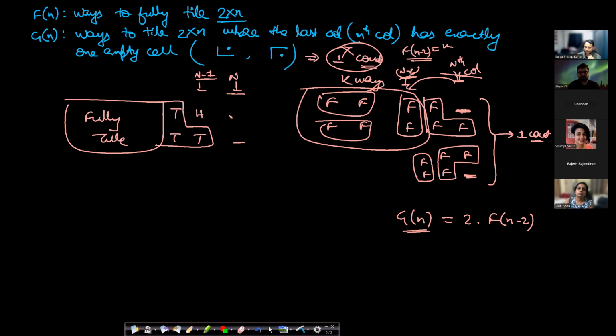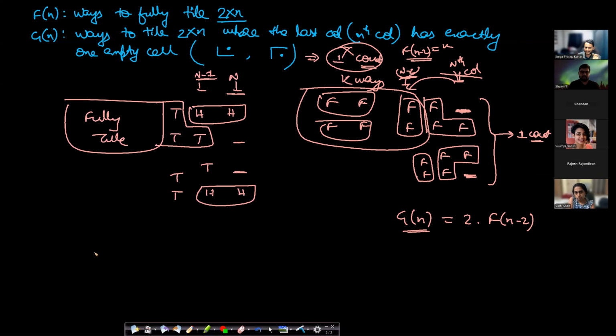I can put a horizontal domino and get one empty cell here. Or in the other way around, I could have taken a Tromino like this, and I could have placed a horizontal bar and could have got an empty cell on the top. So depending on whether the previous one was a Tromino ending at n minus 1, I can have two ways again, isn't it? Two ways to do that.